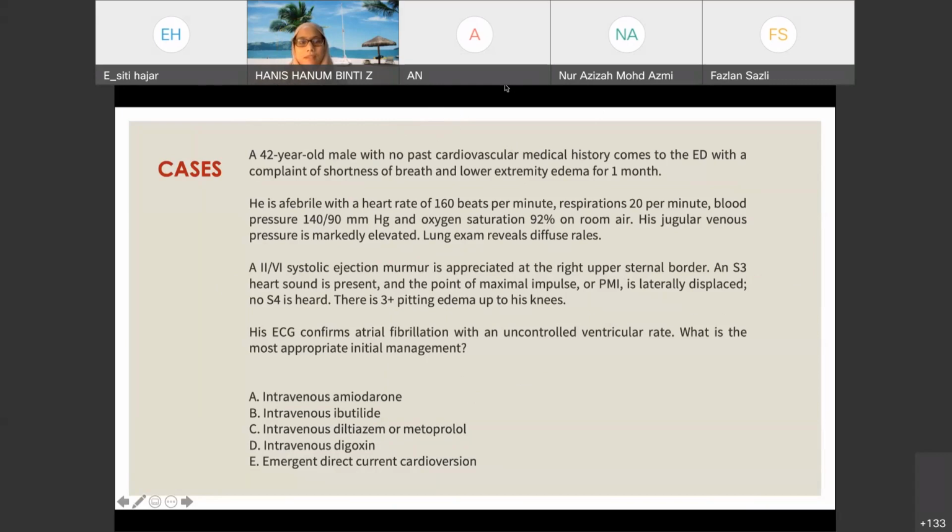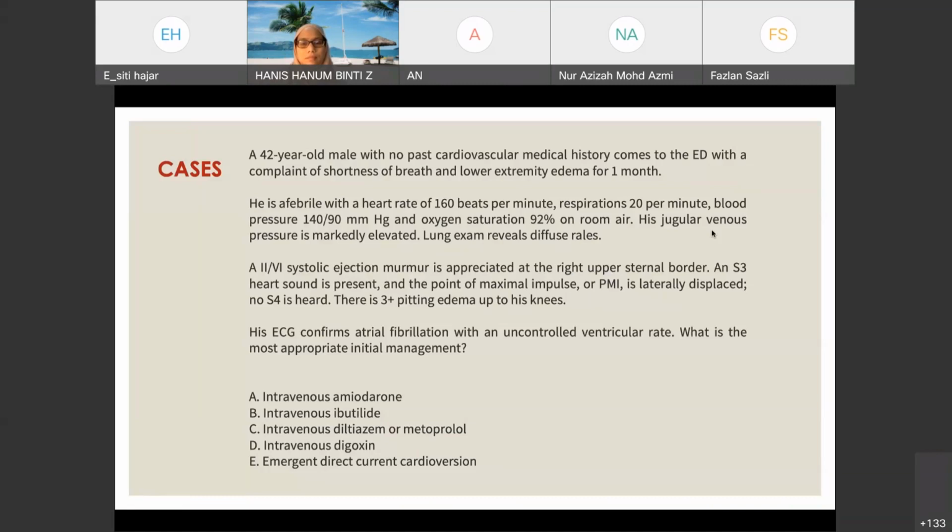A 42-year-old male with no past cardiovascular medical history comes to the ED with a complaint of shortness of breath and lower extremity edema for 1 month. He is afebrile with a heart rate of 160 beats per minute, respirations of 20 per minute, blood pressure of 140/90 mmHg, and oxygen saturation of 92% on room air. His jugular venous pressure is markedly elevated.